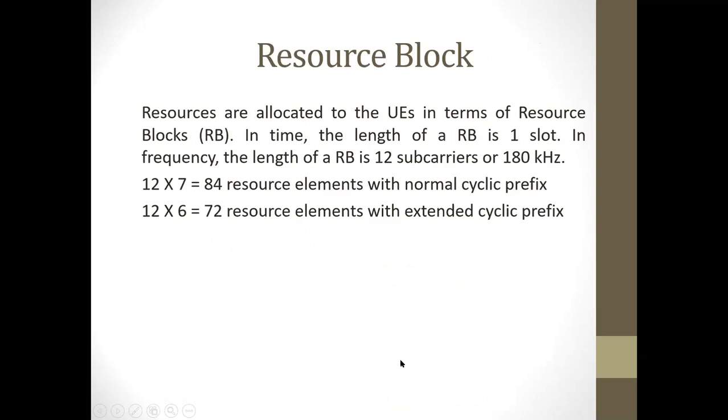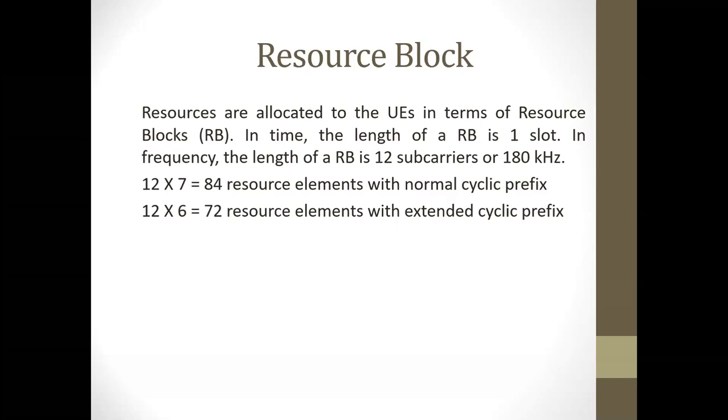So normally you have 84 symbols for transmission. But if you use 6, then there are 72. Now these are called resource elements. Each resource element actually transmits one symbol. These are the resource elements, at the lowest level in the granularity for radio resources. So these are radio resources for wireless communication.